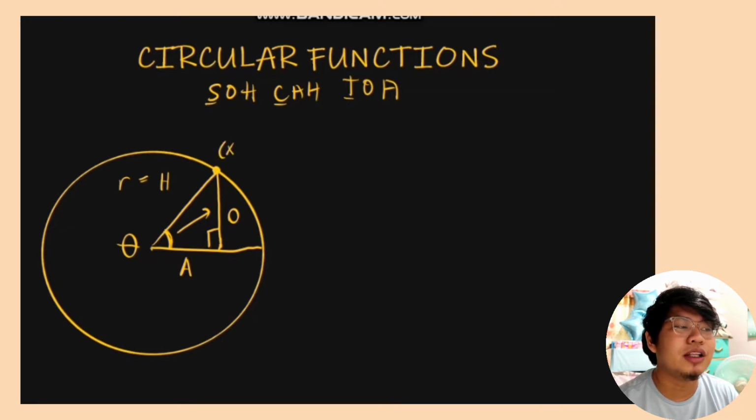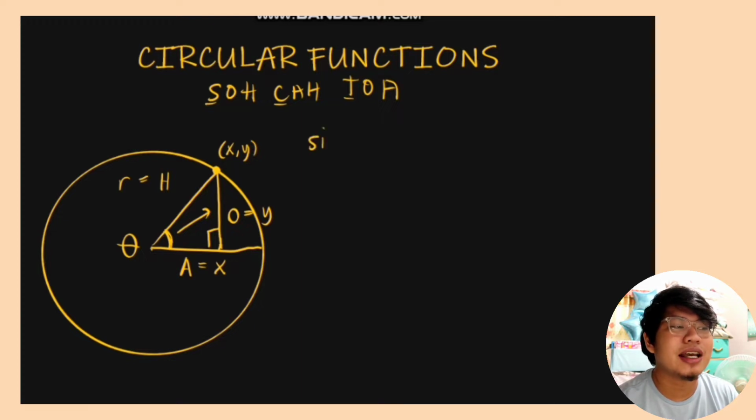Ibig sabihin, meron ka ditong specific value ng x and y na para sa point na to. So, ang value nitong A na to is the X value kung ano man yung nandito sa terminal point. So, A or yung horizontal line natin dito, we can consider this as the value of X. And then, yung opposite side mo naman, since vertical siya, this will be your value for Y. Okay? So, yung R natin is the hypotenuse, opposite is the value of Y, adjacent is the value of X.